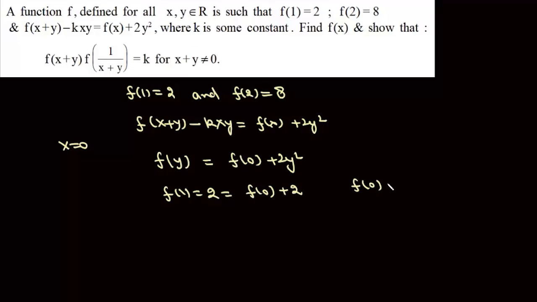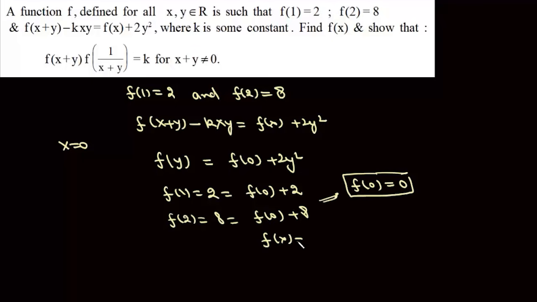So from here we can say f(0) is 0. We can also check if the system is consistent. So f(2) is 8, and it'll be f(0) + 8. Again we'll get f(0) as 0. So basically our function f(x) is 2x².